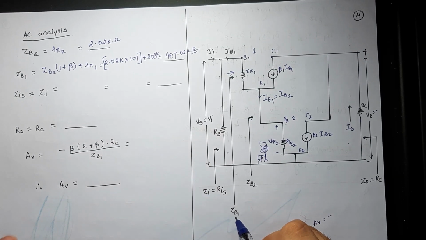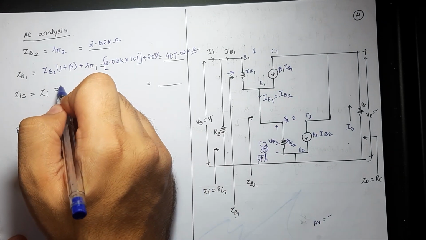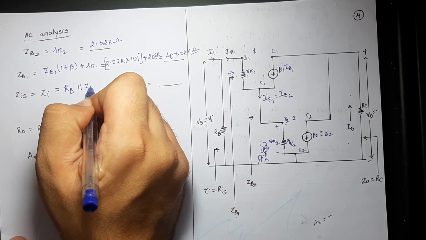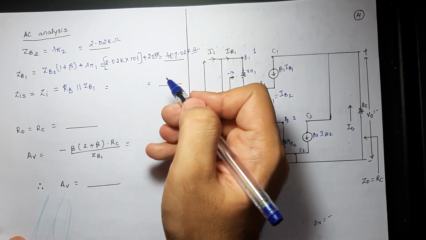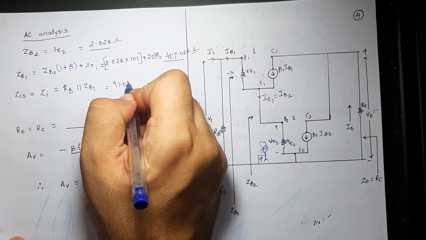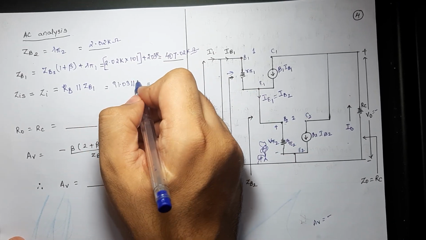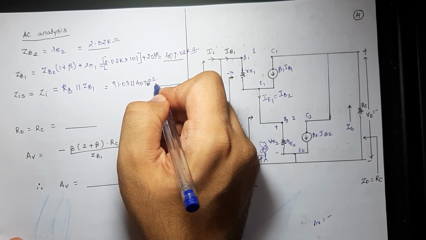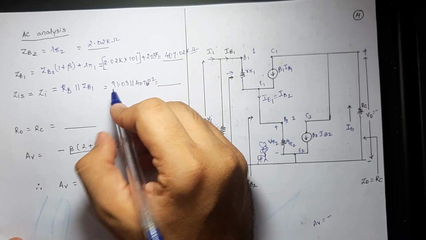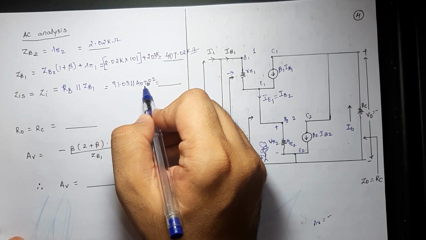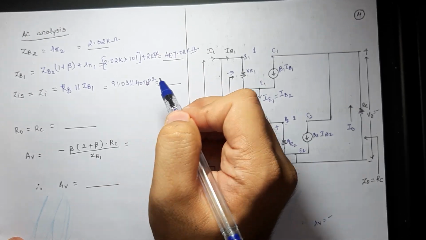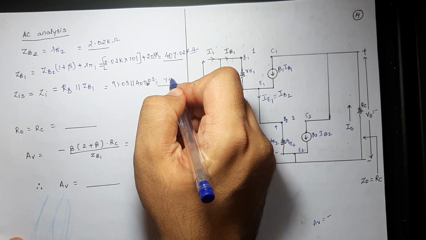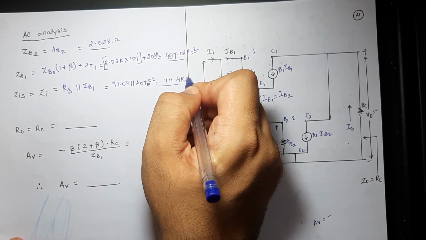If I am not wrong over here, then your formula will be RB parallel ZB1, which is given by 91.03 parallel 407.02, which is equal to the value which I have received. If 91 is in parallel with 407, the resultant will be smaller than the smallest, hence the resultant will be smaller than 91. The value which I have received is 74.4 kilo ohms.